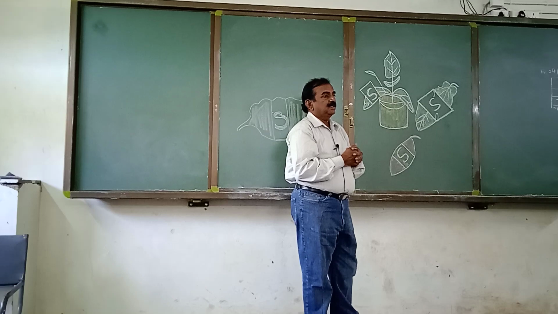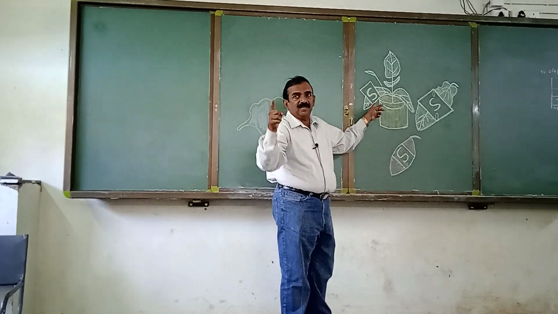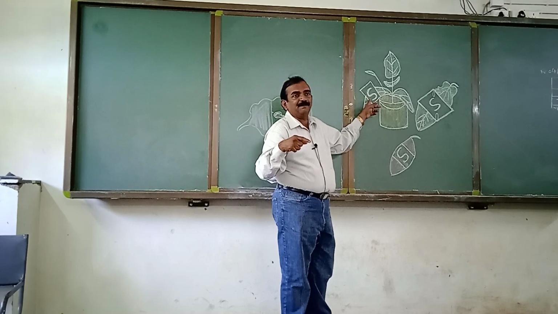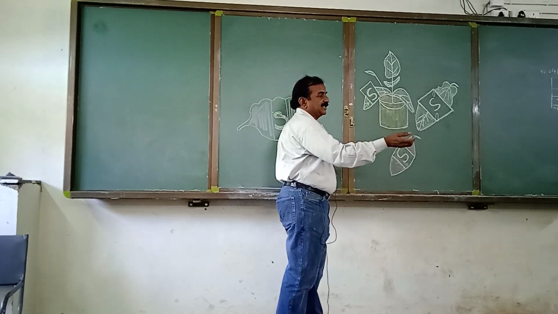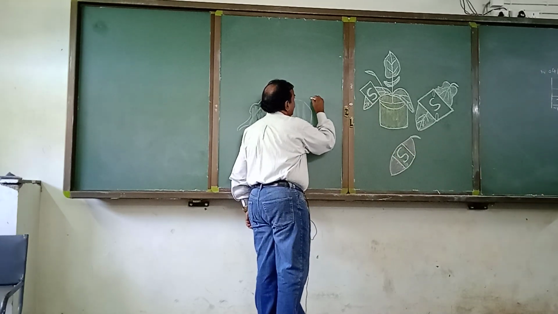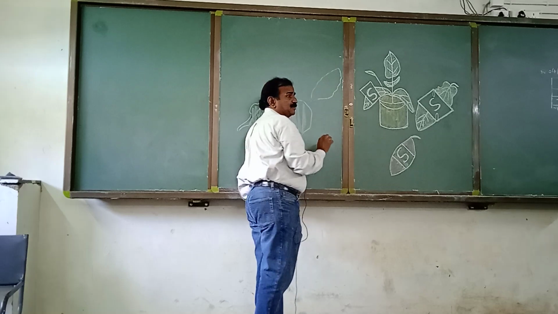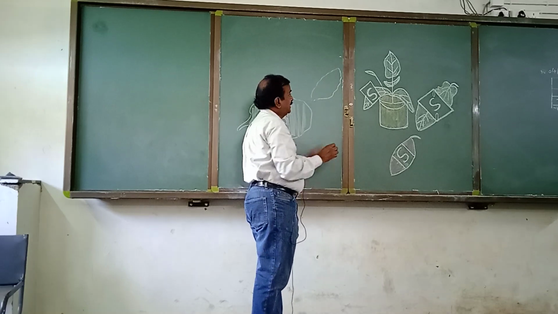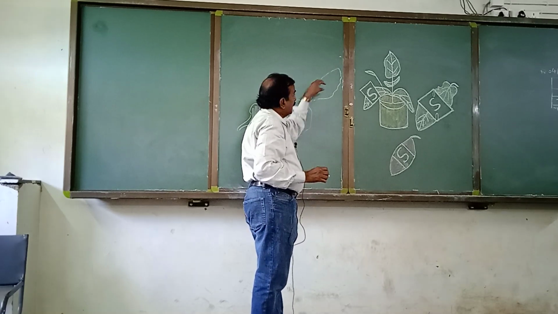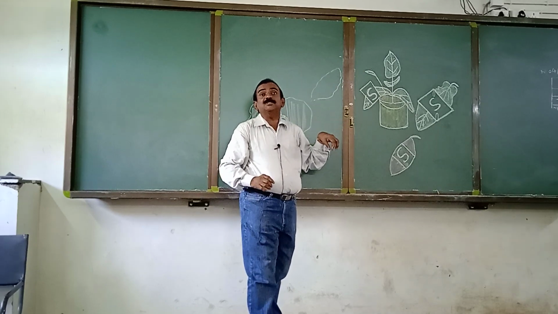After removing the clips and the black paper, the leaf is like this. This leaf we need to keep in methylated spirit, in a test tube.